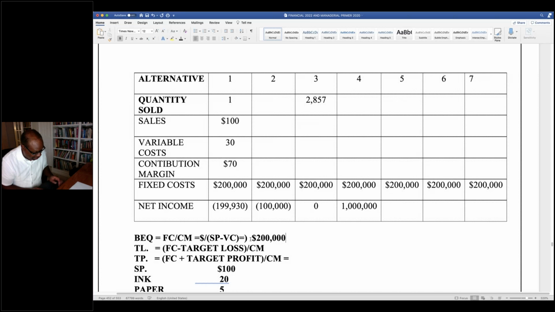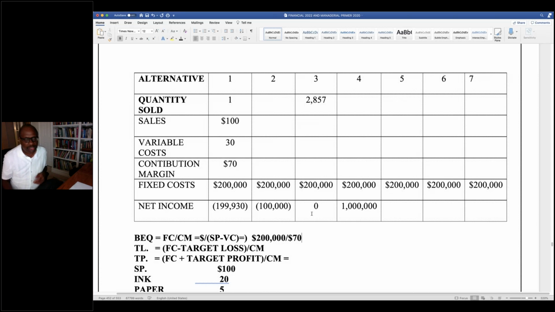No, I didn't get it at all. Okay, divided by selling price minus variable cost, which is the contribution margin. We've calculated the contribution margin right here on a unit basis. This only applies to the break-even column, and then we fill in the rest after we do the break-even. We're just doing that one first since that's the basic one.